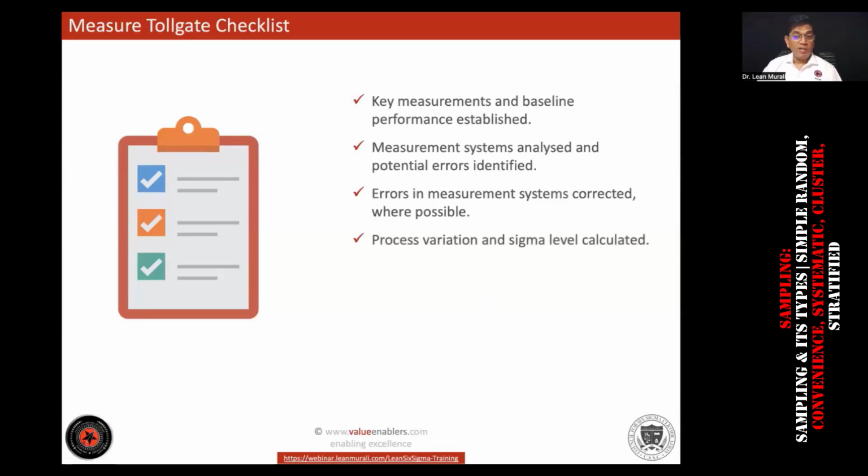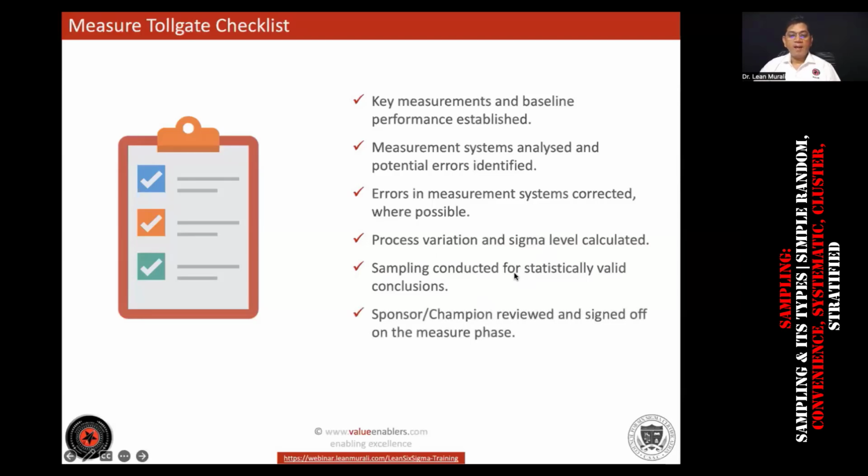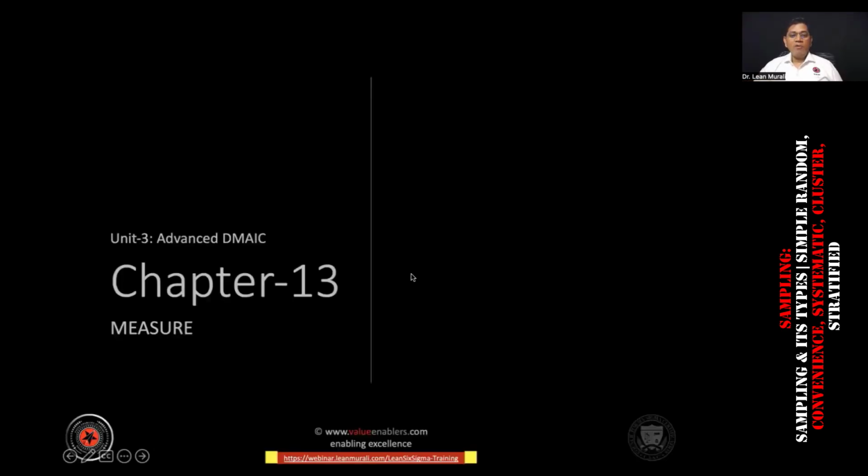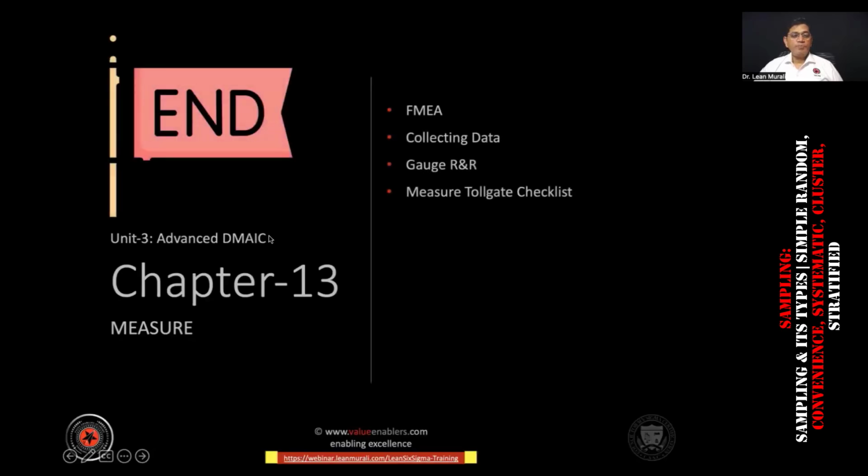You have to calculate the sigma level, and process variation in sigma level is calculated. Sampling is conducted for statistically valid conclusions. That's what we did today. And finally, the sponsor and champions review and sign off. All right, so we have come to the end of this particular chapter.